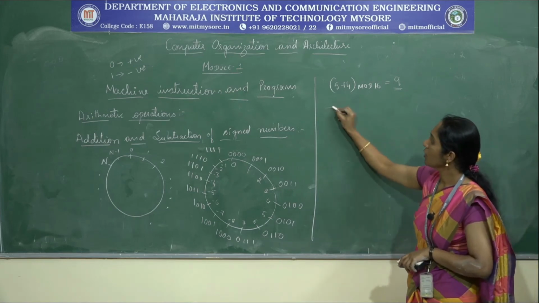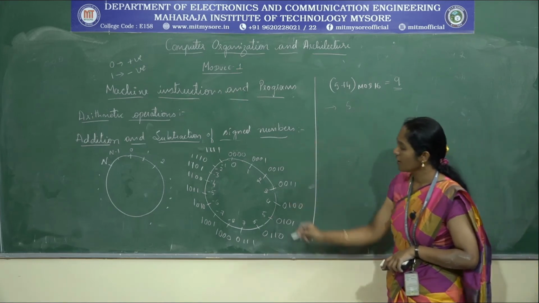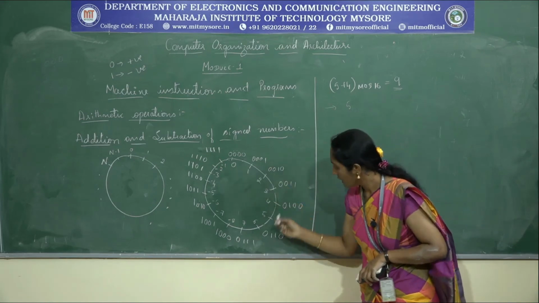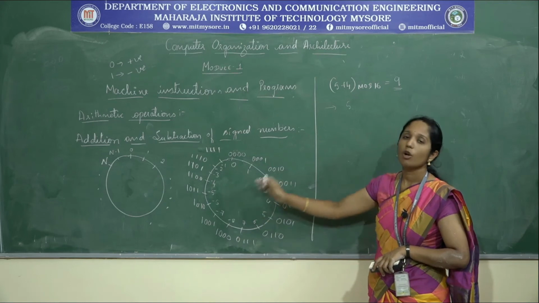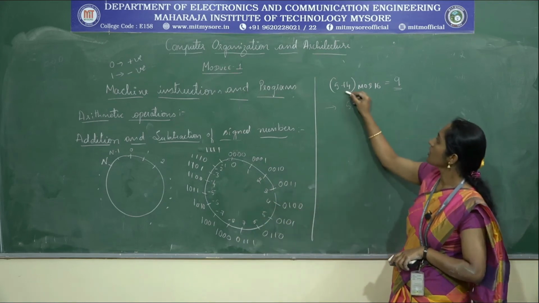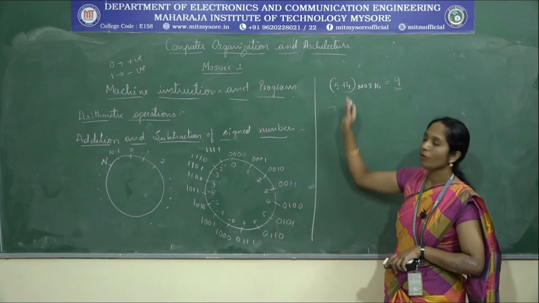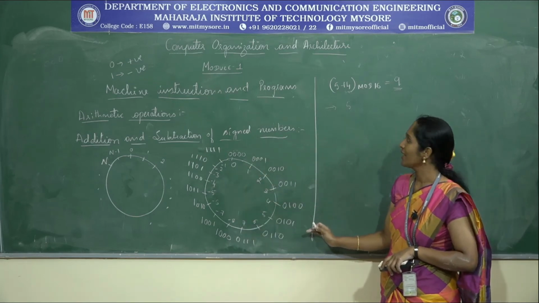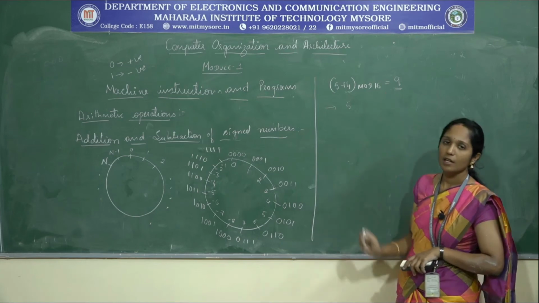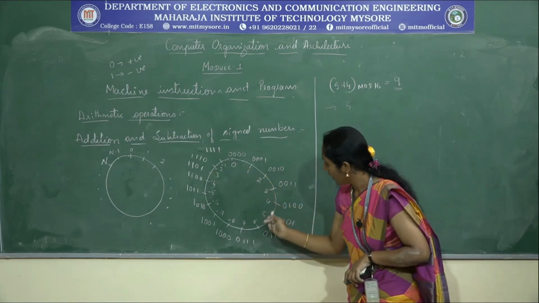So initially we are going to locate 5 on the graphical device. Where do we have 5? So we have 5 here, and we are going to rotate this circle clockwise 4 times. So the second operand we have is 4. So we are going to rotate this circle 4 times in the clockwise direction, so that we can result in 9. So here we have 5.